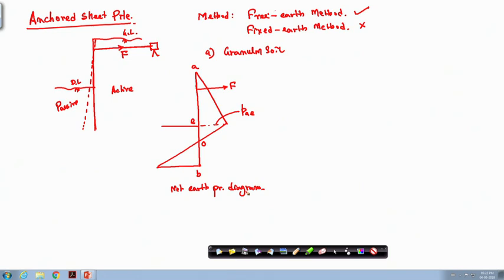Okay. So, you can draw again separately the active and passive pressure diagram. So, this is the total active and this side will be total passive. Okay. So, passive will be here.